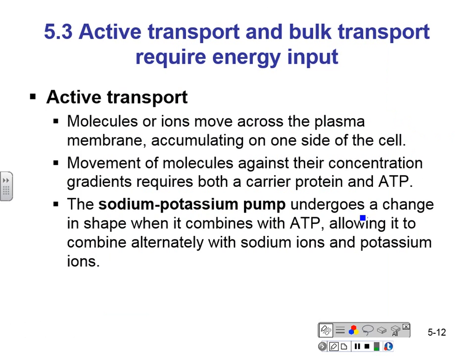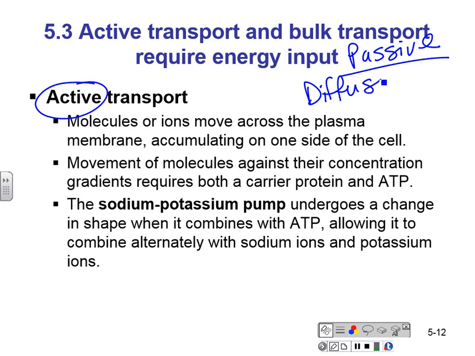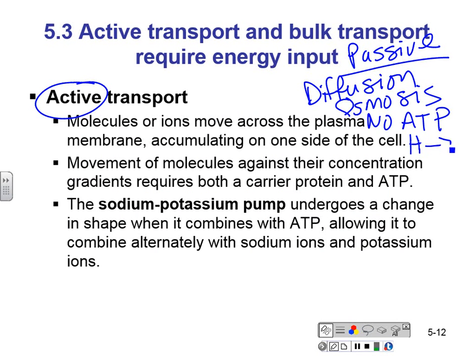Okay, so now this is the opposite. This is active transport. So the other one we did was passive, right? Passive was diffusion, osmosis, no ATP, everything's moving from high to low concentration, right? This is active.